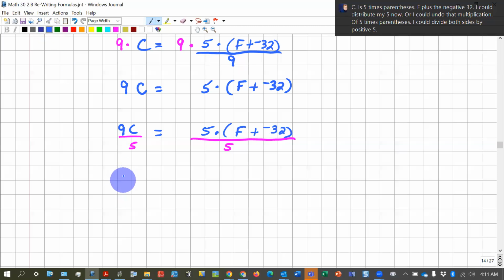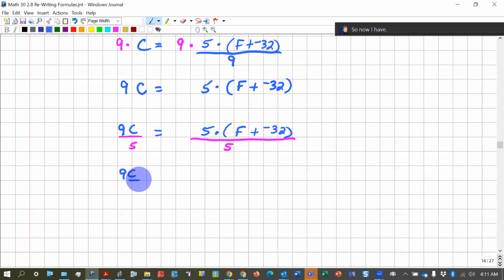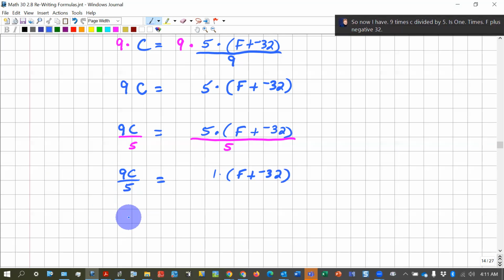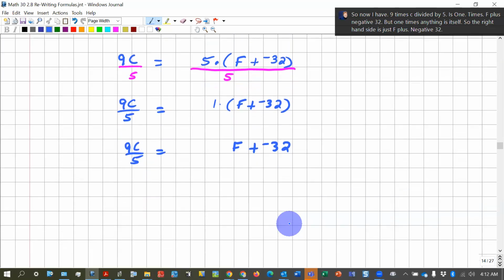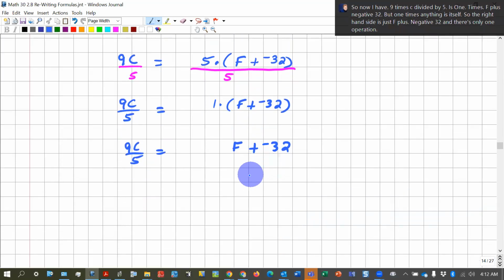So now I have 9 times C divided by 5 is 1 times F plus negative 32. But 1 times anything is itself. So the right-hand side is just F plus negative 32.